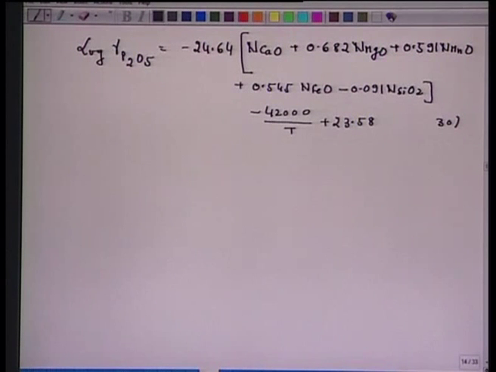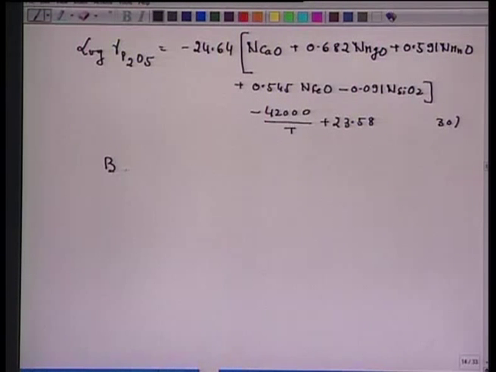Now in equation 30 you see that MgO is around 0.682 times as effective as calcium oxide. That means if the calcium oxide effectivity is 1, then MgO is only 0.68 times as effective.